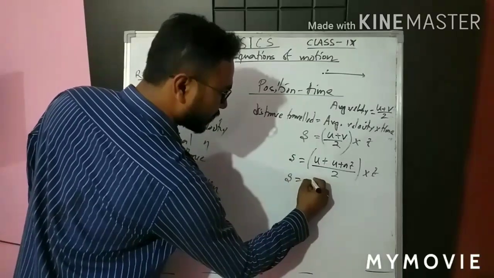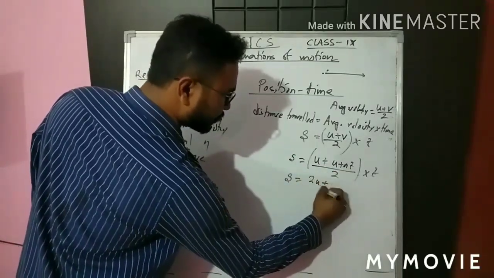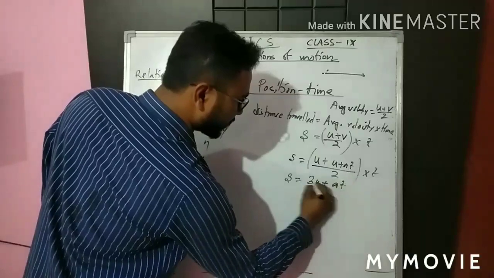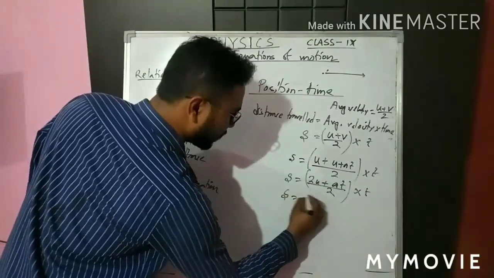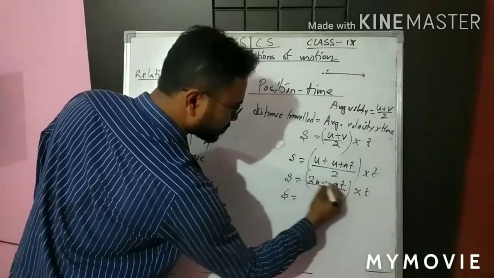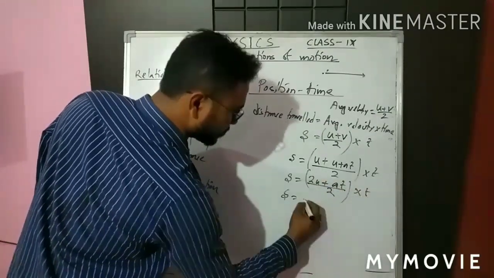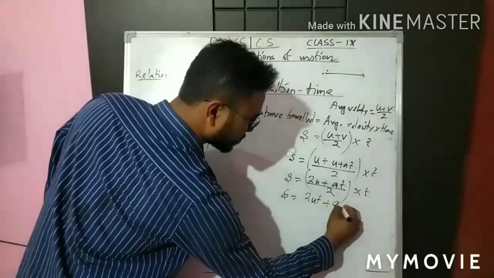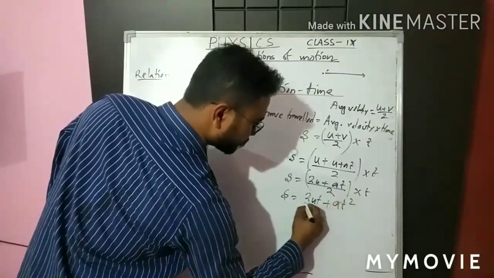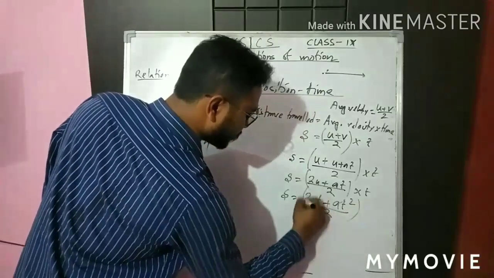Now what am I getting? u plus u will give 2u plus at, divided by 2. Now multiply this upper part by t. So it will be 2ut plus at into t, that is at square, divided by 2.